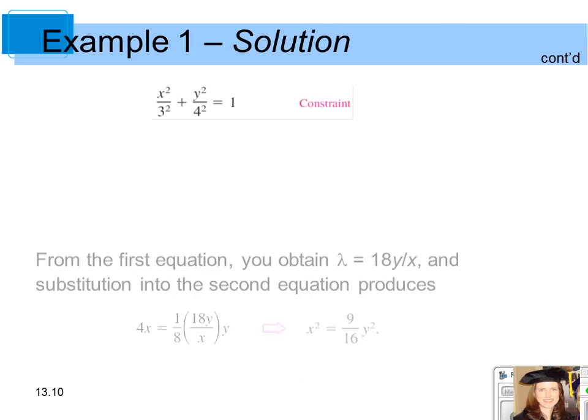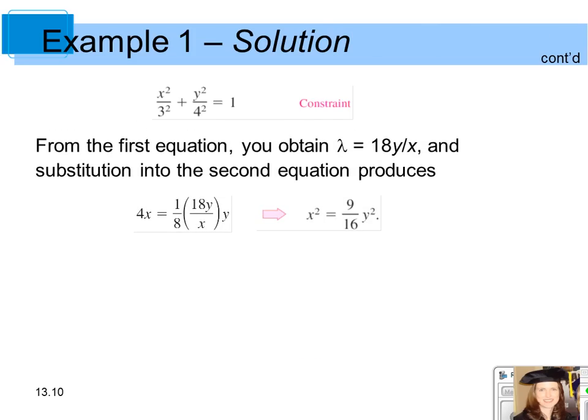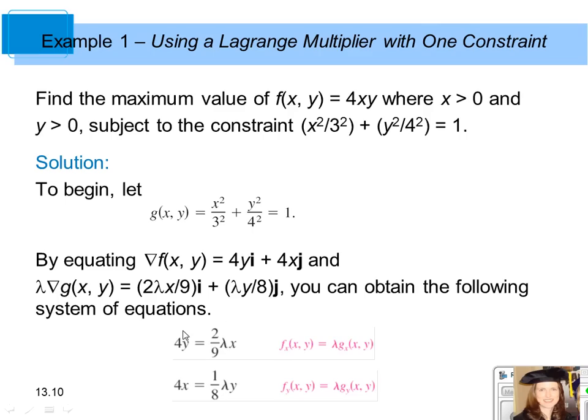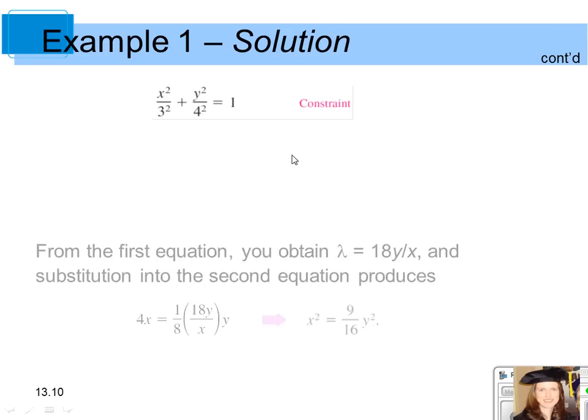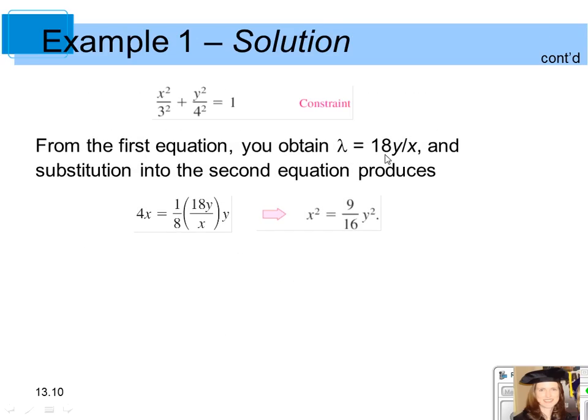Again, our constraint equation is the equation of the ellipse. Now, going back to the first equation, we want to solve for lambda. We can divide both sides by 2 over 9 x. We get lambda is equal to 18y divided by x.